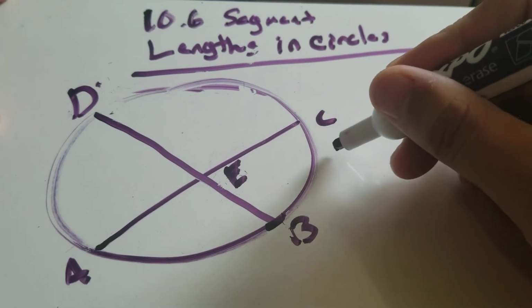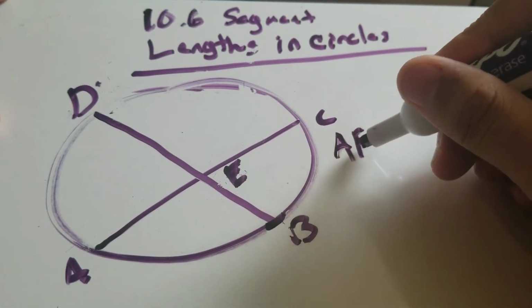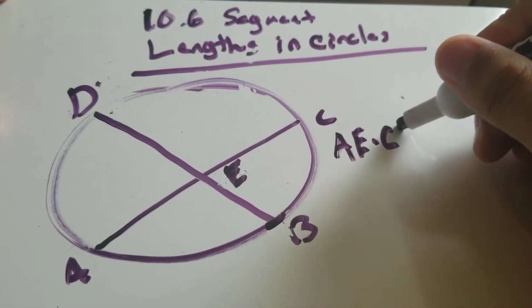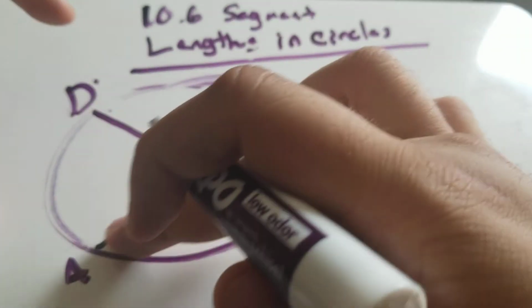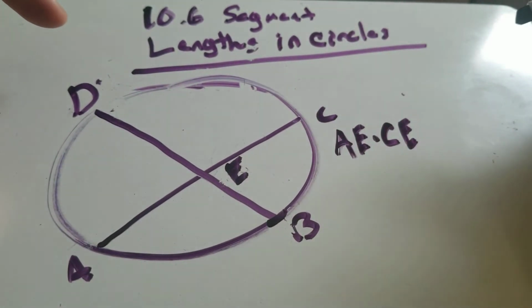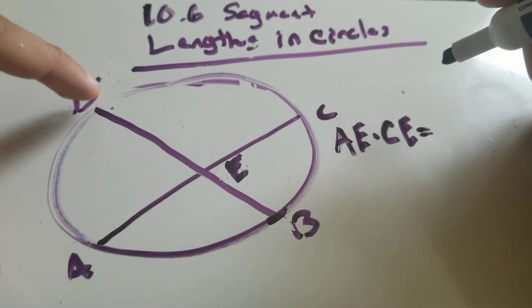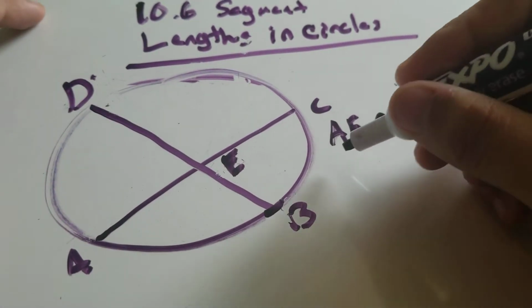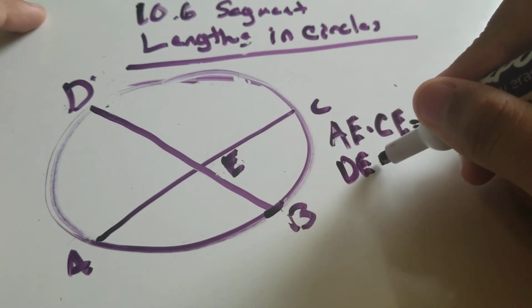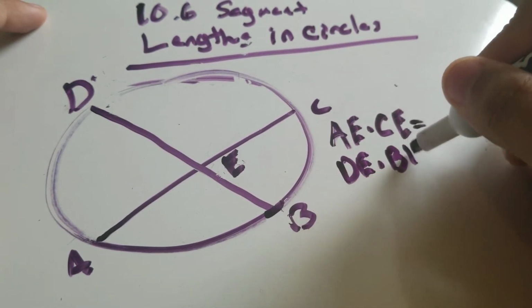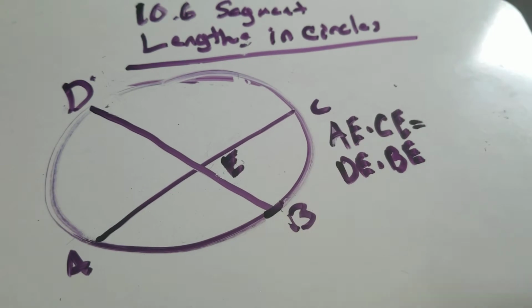Remember, product means times. So the product of AE times CE, this line and this line, is going to equal the product of the two lines over here, DE times BE. Now this is multiplying, not adding.